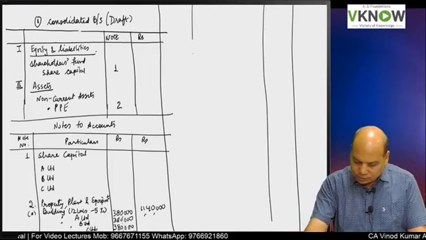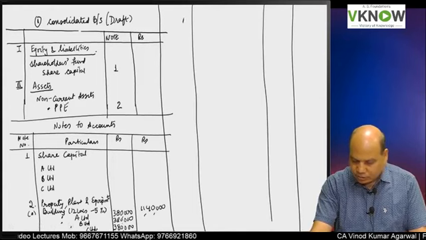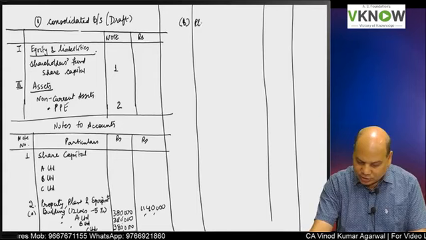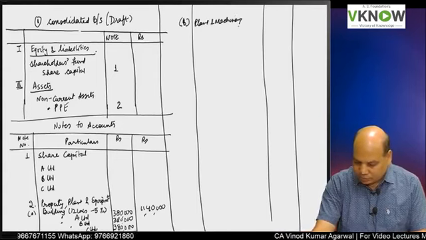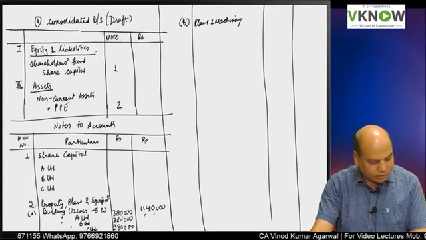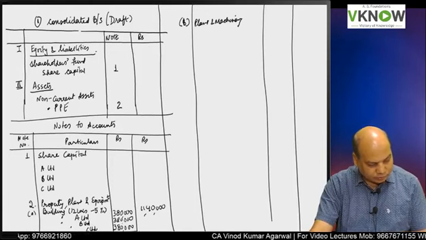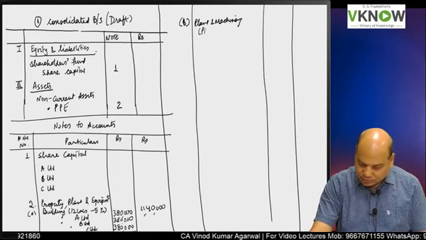Now we'll write down point number B. Second asset is plant and machinery. The cost of the plant and machinery, this is in bracket pipeline.